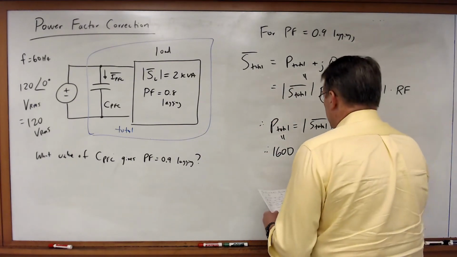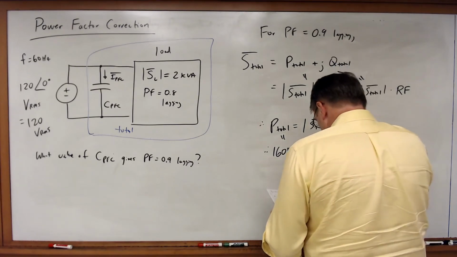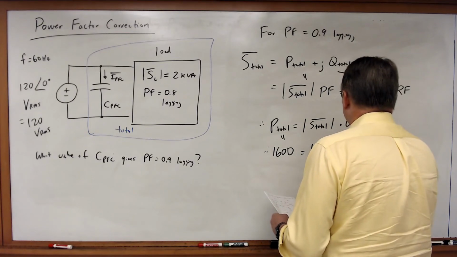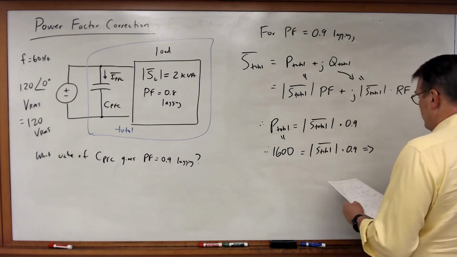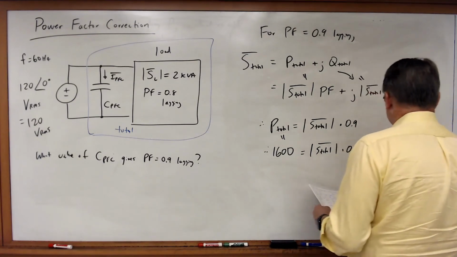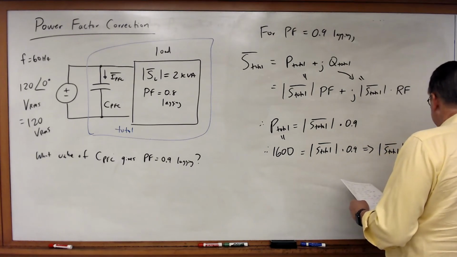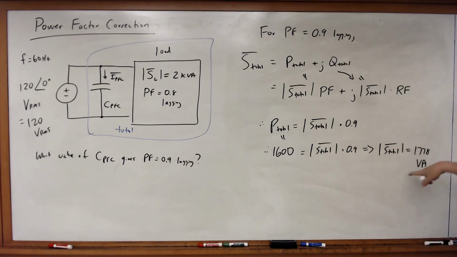And so 1600 is equal to, in this case, S total times 0.9, and therefore this gives us a value of S total equal to 1778 volt amperes.